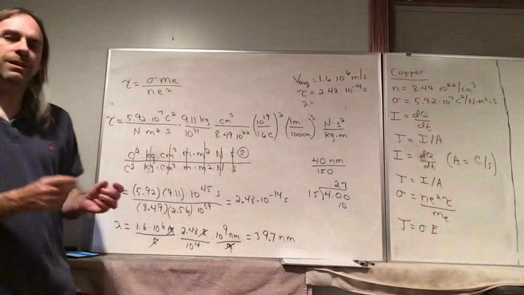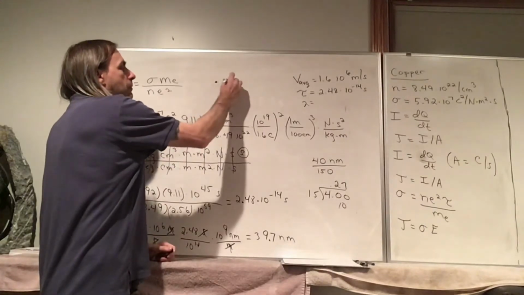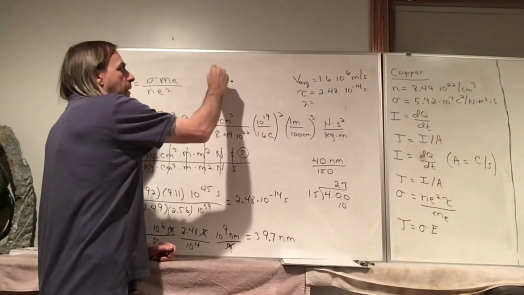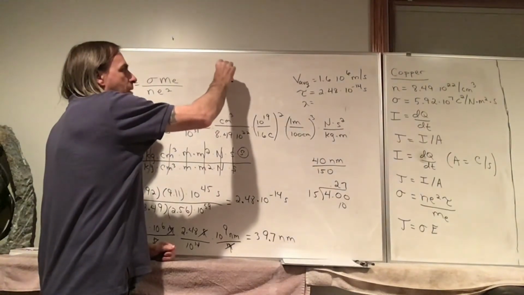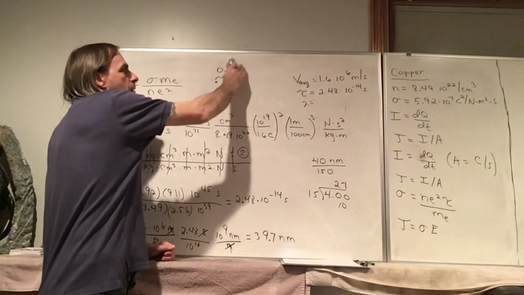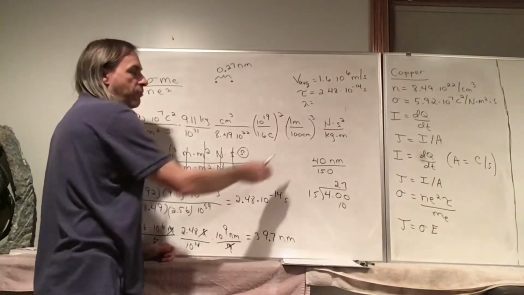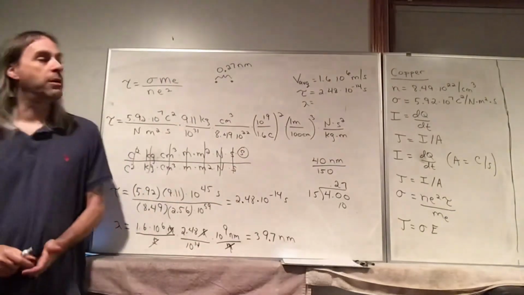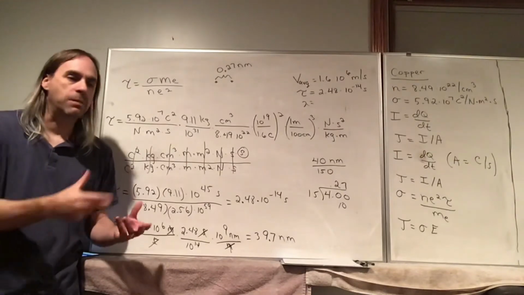So like the distance between two atoms in the lattice, around 0.27 nanometers. And yeah, it's going to travel 40 nanometers before hitting something on the average. So the atoms are kind of small.